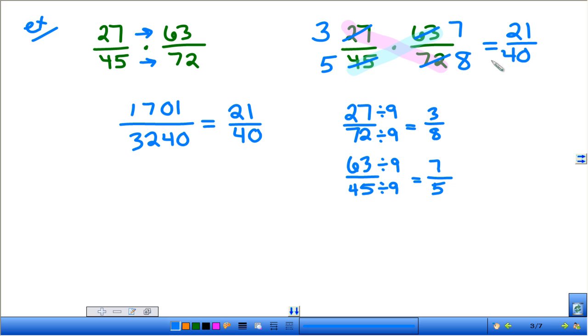So in the long run, this way is going to go a lot faster, especially when you're working with big numbers. We're going to end up with the same thing, okay, but I really want you guys to try hard to understand this way.